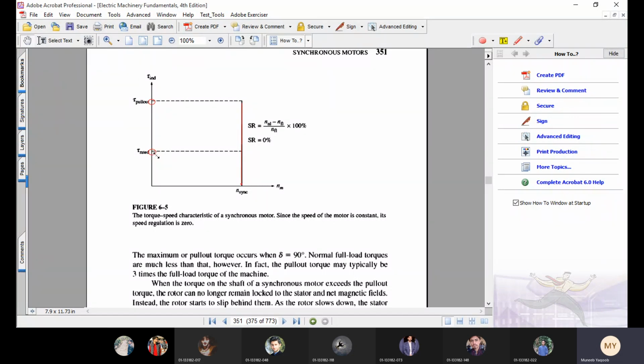It will be a slipping poles situation where the machine will start vibrating. It starts doing to and fro motion. It starts doing oscillatory motion, and due to excessive oscillations it will get damaged.